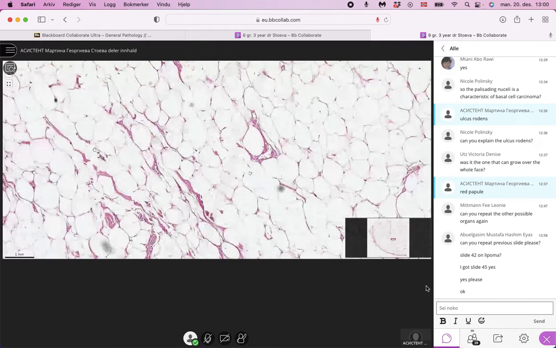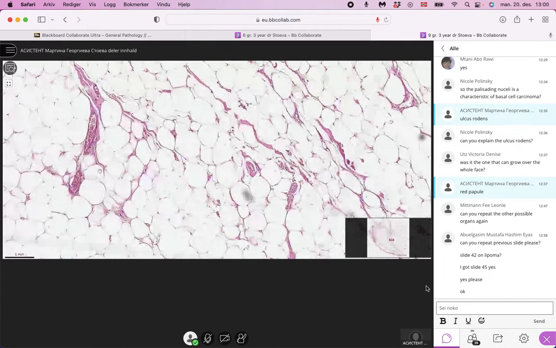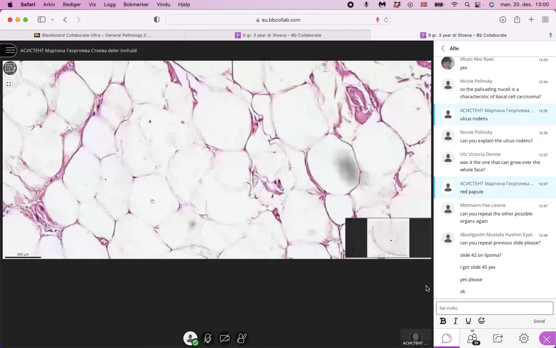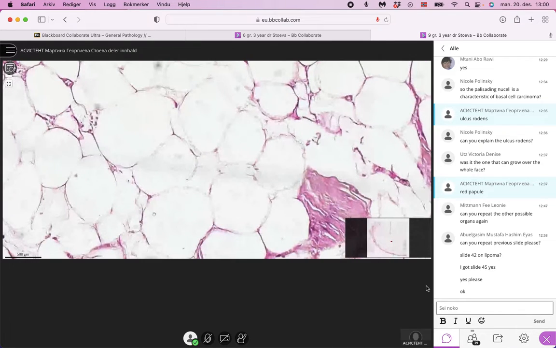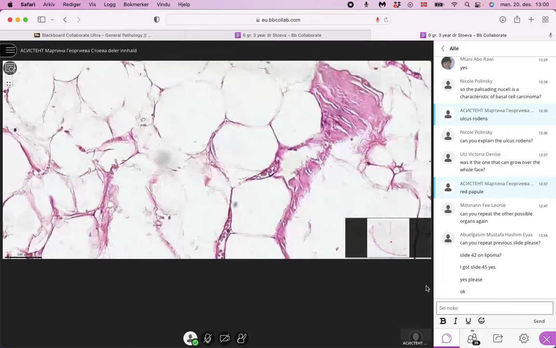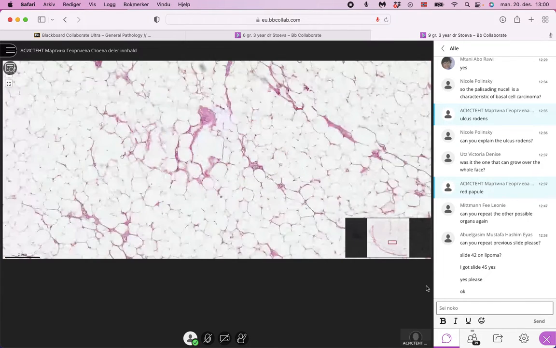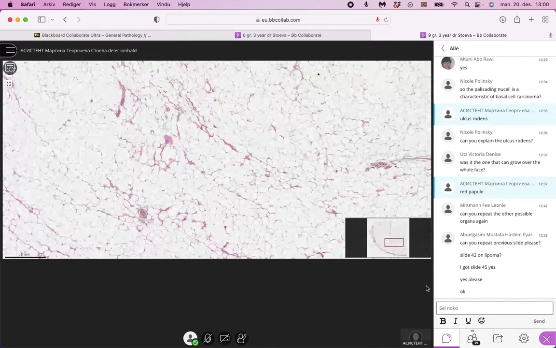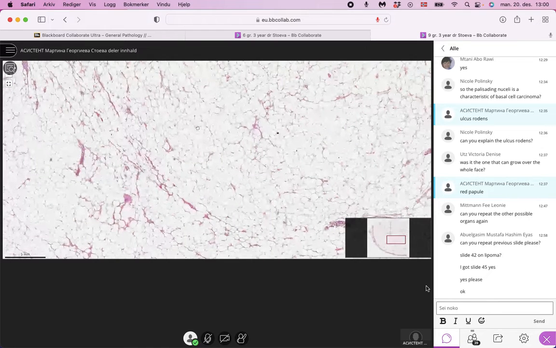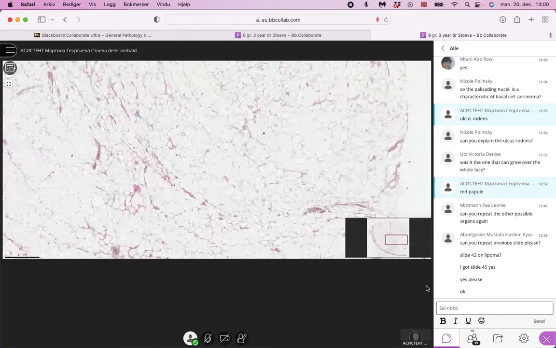Just perhaps there is a wider range in the size of the adipocytes. Some of the adipocytes are around 10 times smaller than others, which is not that typical for the normal fat tissue. But this is not accepted as a feature of cellular atypia, but just as a finding in lipoma.